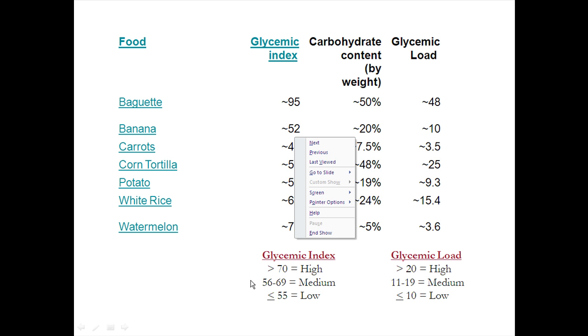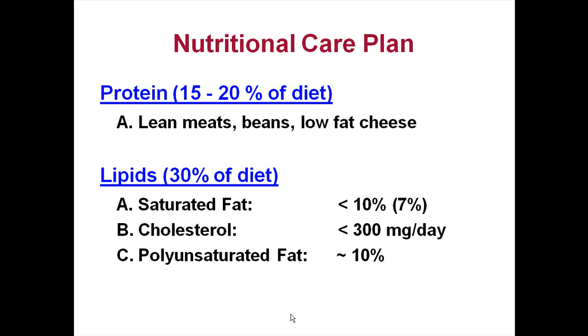But anyway, you might run into glycemic index and glycemic load somewhere, and so I just wanted you to know what the difference was. You don't really need to know these numbers, but just what is glycemic index, and what is glycemic load. If you know the definitions, you should be fine.